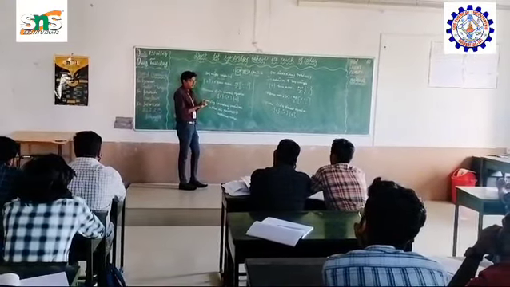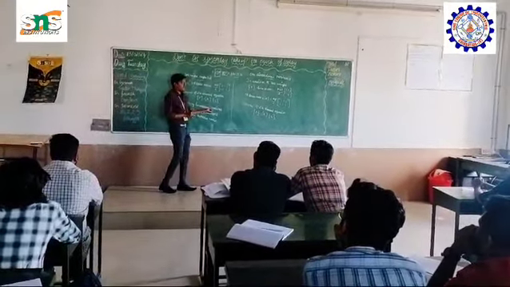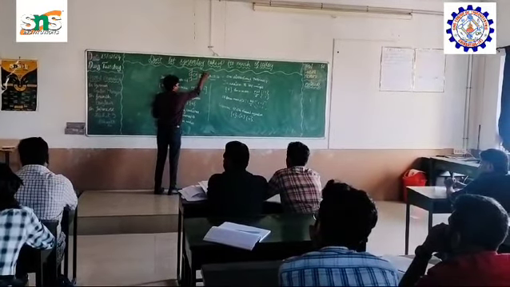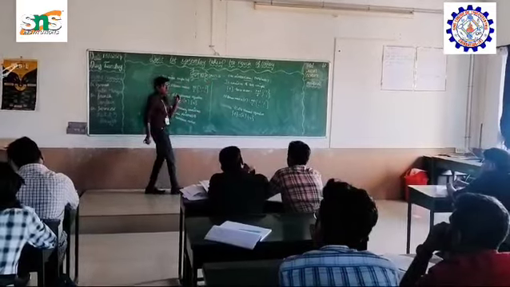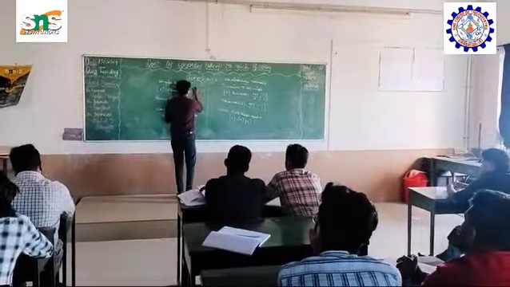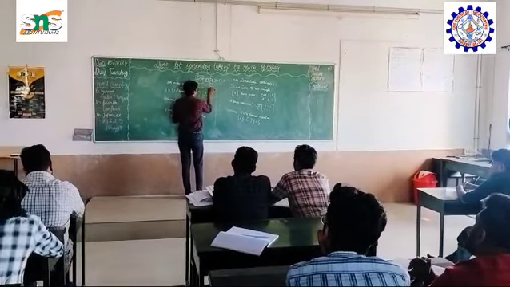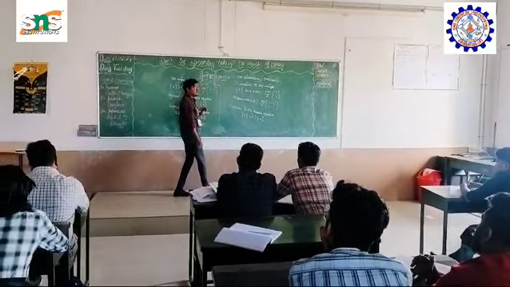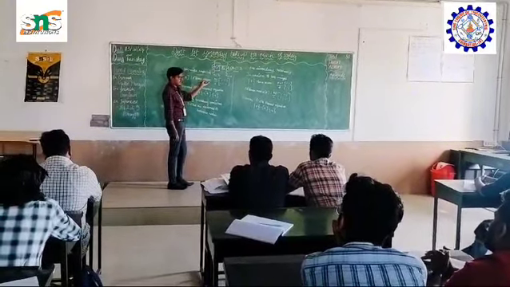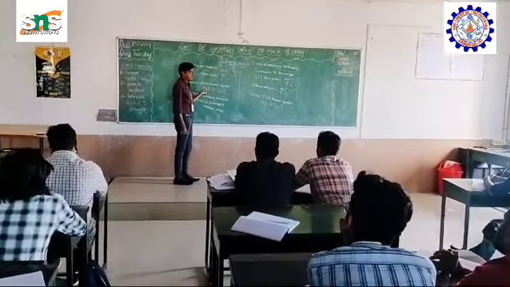Then you have to apply the boundary conditions. For example, I fix node number 1 and node number 3. Without a fixed support there is no displacement, so U1 is equal to 0 and U3 is also 0. That is the boundary condition.